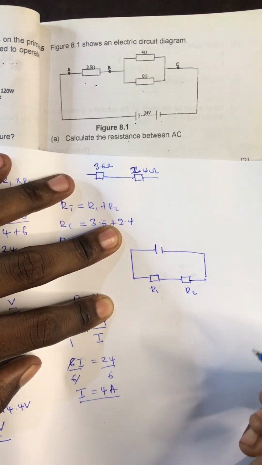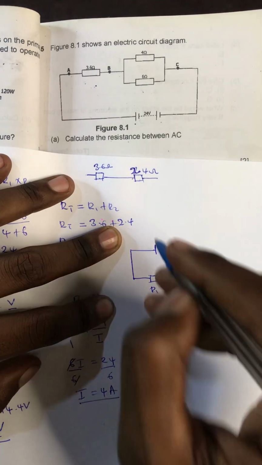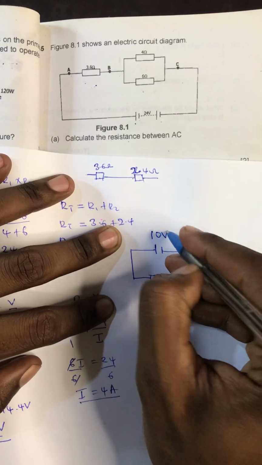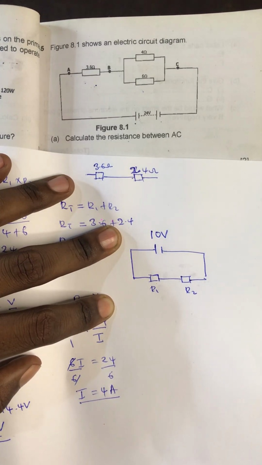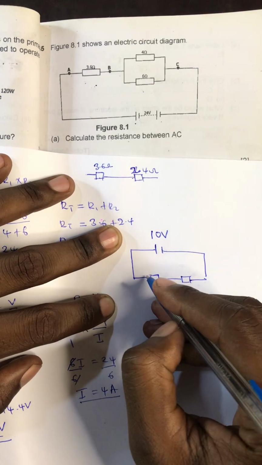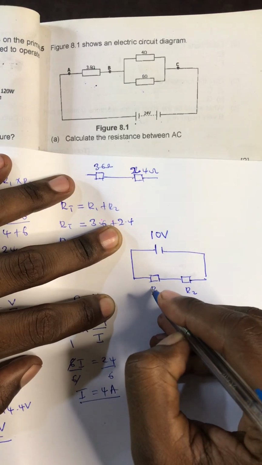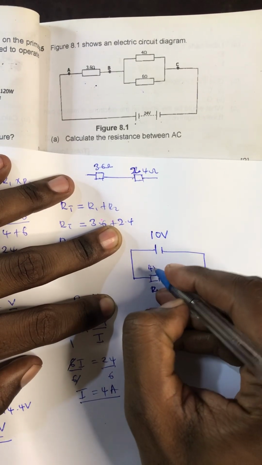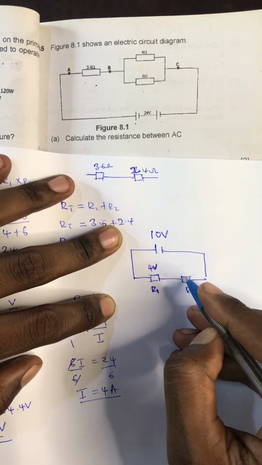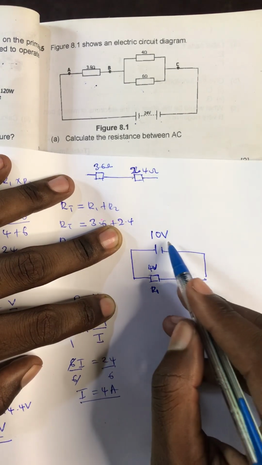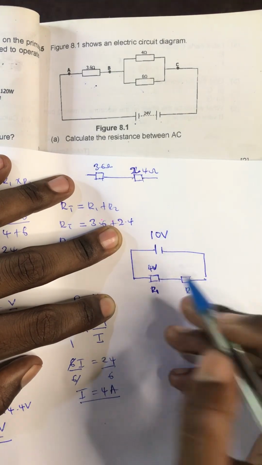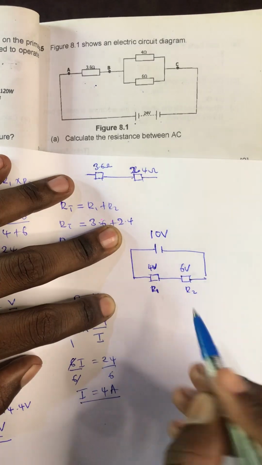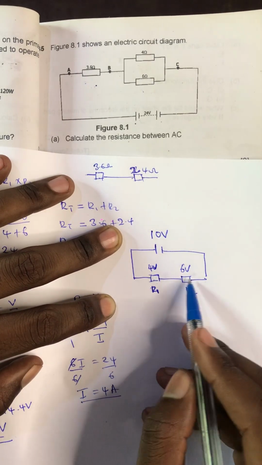This is resistor 2. So if you have these 2 resistors, let's say for example, the total voltage in this circuit is 10 volts. If the voltage across R1 is, say for example, 4 volts, what is the voltage across R2? We subtract. We say 10 volts minus 4 volts, we get 6 volts.